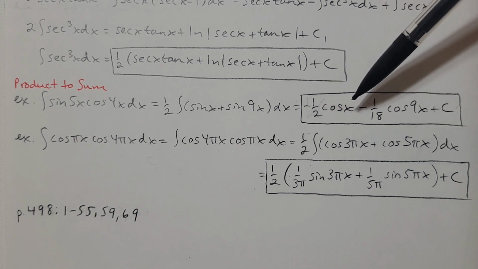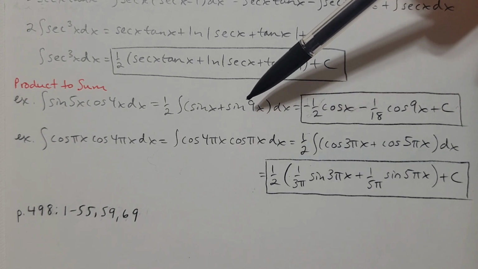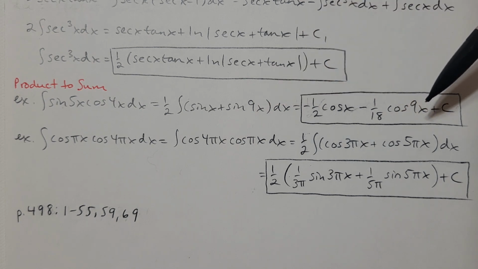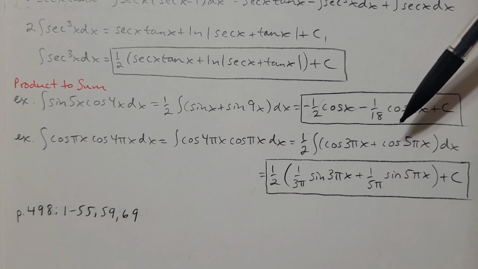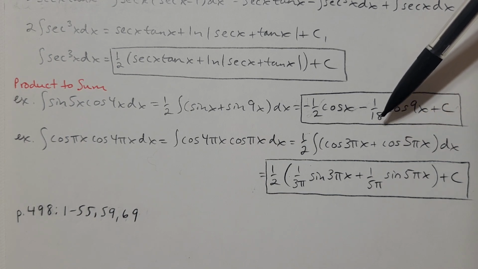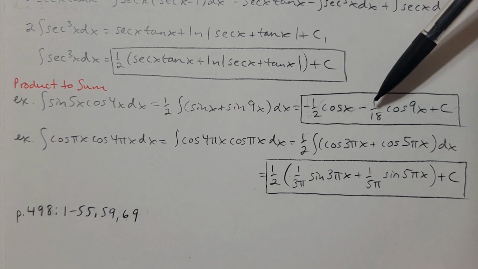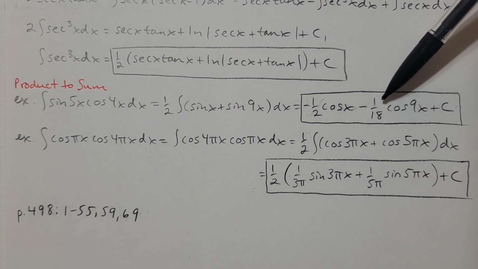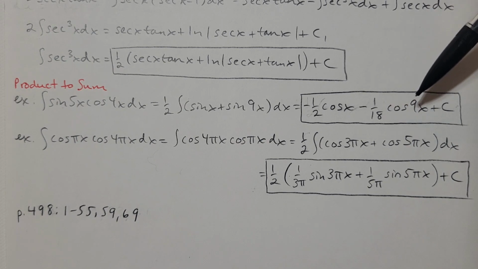So negative 1/2 cosine of x, and then minus cosine of 9x divided by 9, because it'd be a u substitution if you let u be 9x. That's where the 1/9 would come from. But then times 1/2 means I get minus 1/18 cosine of 9x plus a constant.